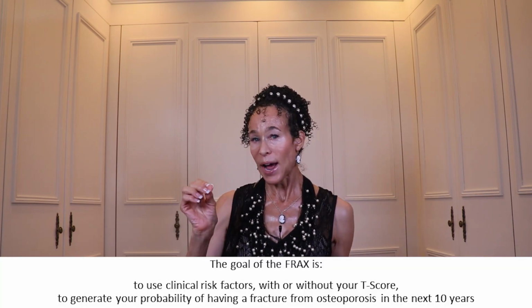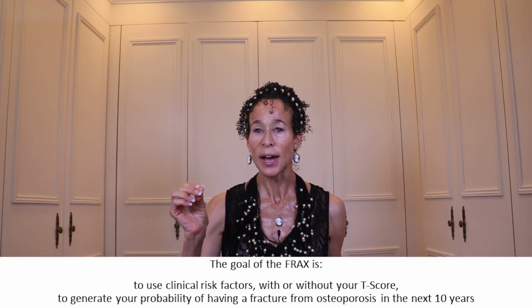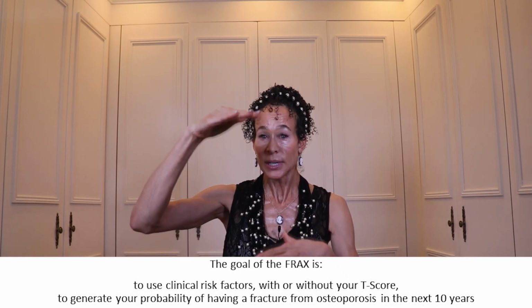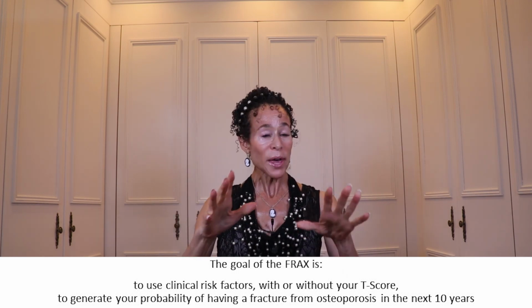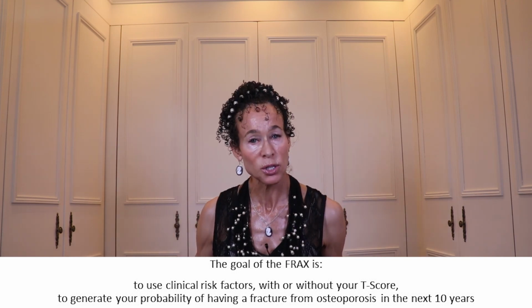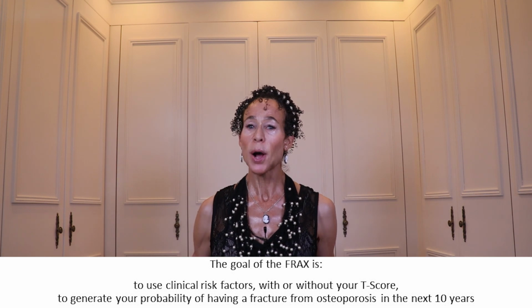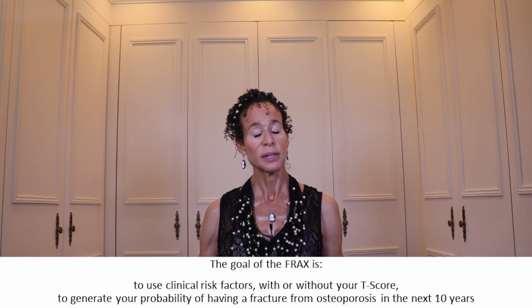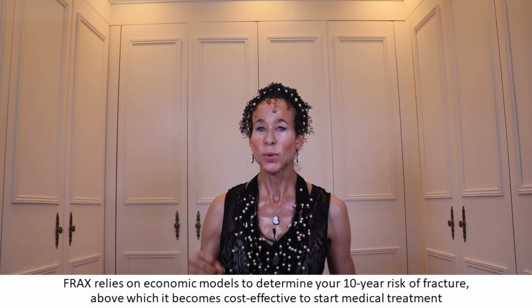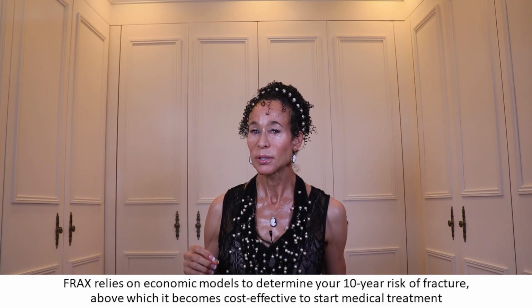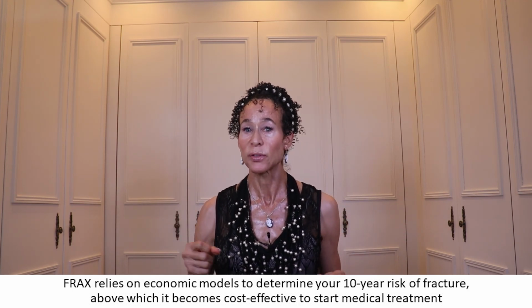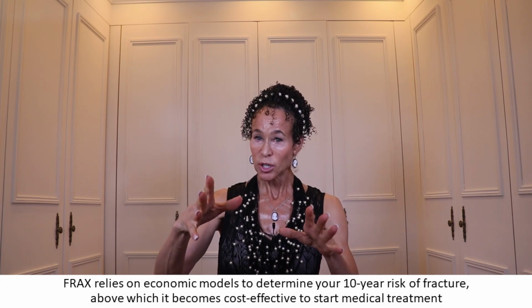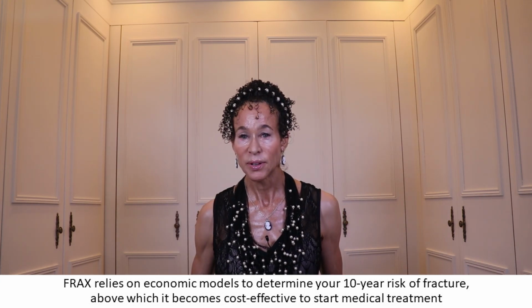The goal of the FRAX is to use clinical risk factors, which are all the things I presented in video 203, with or without your T-score, to generate your probability of having a fracture from osteoporosis in the next 10 years. FRAX relies on economic models to determine your 10-year risk of fracture, above which it becomes cost-effective to start medical treatment. Now, let's dissect what I just said.